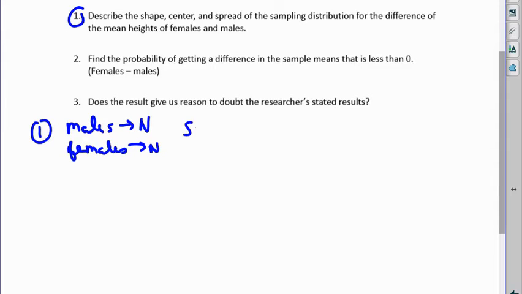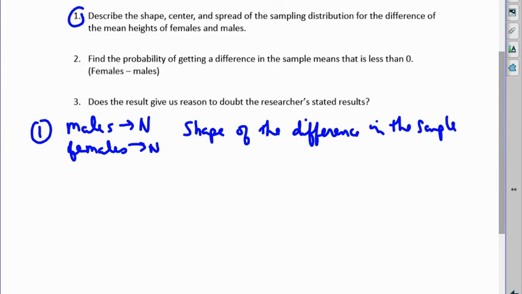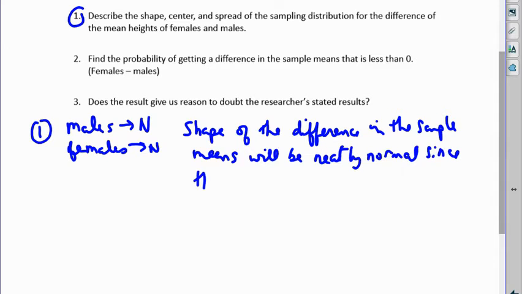Therefore the shape of the difference in the sample means will be nearly normal since the genders are given nearly normal.